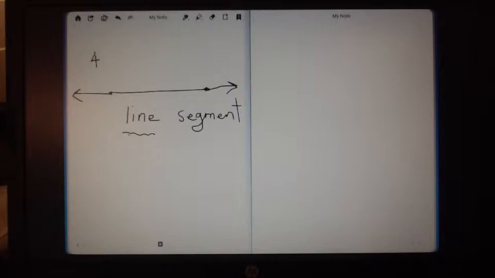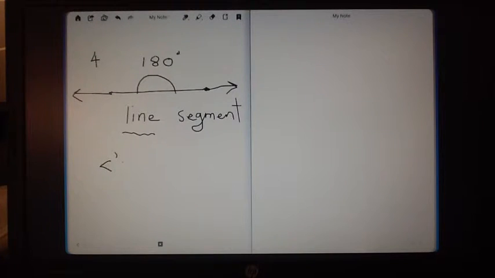Okay, now, what we then say is this angle we're going to measure in degrees, and we're going to say that's 180 degrees. Okay, now what are we going to call that? We're going to call that angles on a straight line.